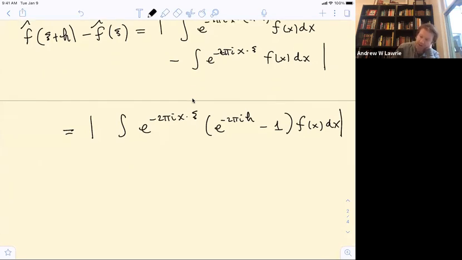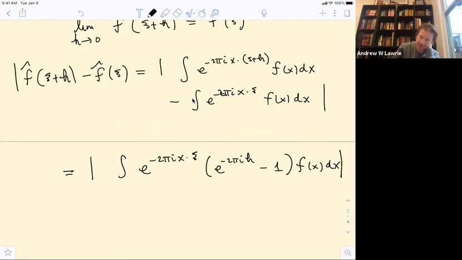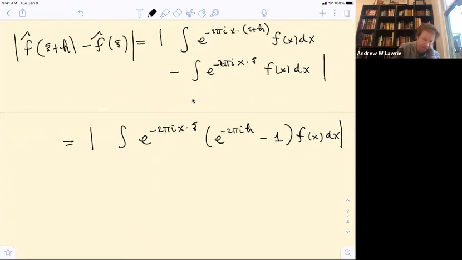Okay, now how do we proceed? So this absolute value is equal to this. Where am I going to get smallness from? On the one hand, I'm missing an x, sorry, this is important. I've suggestively written this so that I can make it small.